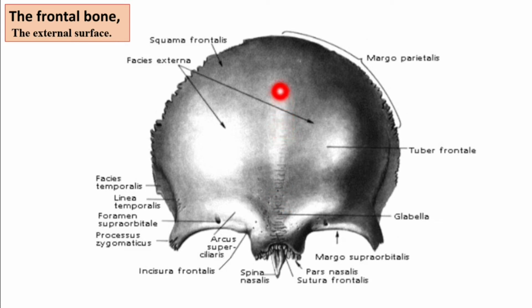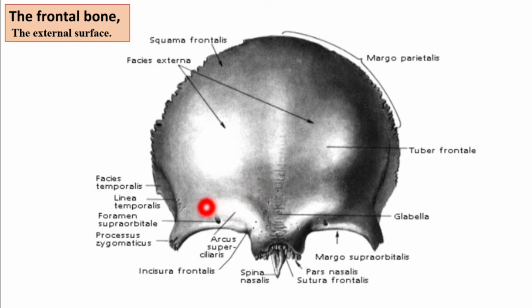Initially, during the neonatal period, there are two, but they fuse together, so this part is called a glabella. If you look here, you can see the temporal surface of the frontal bone. That's the facies temporalis. And there is a line here. It's called a linea temporalis.